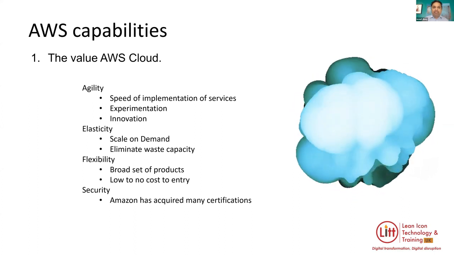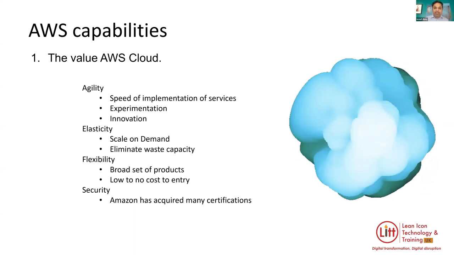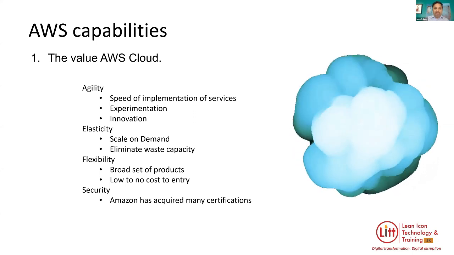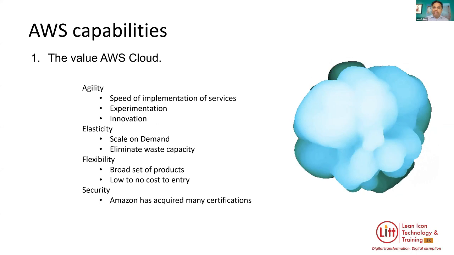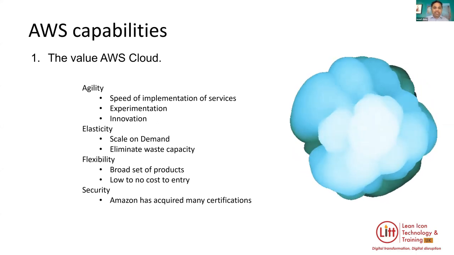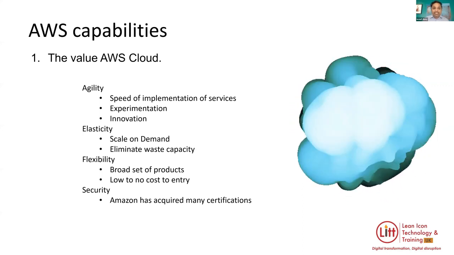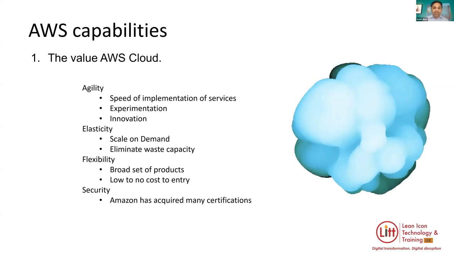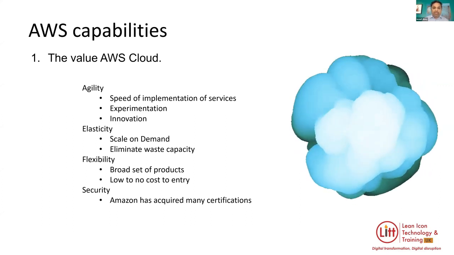Maybe I'm exaggerating, but within minutes you can set up very big servers. You can do experiments. If your teams are doing development, you can set up a dev environment within minutes, and once you finish your work, you can immediately turn it off.